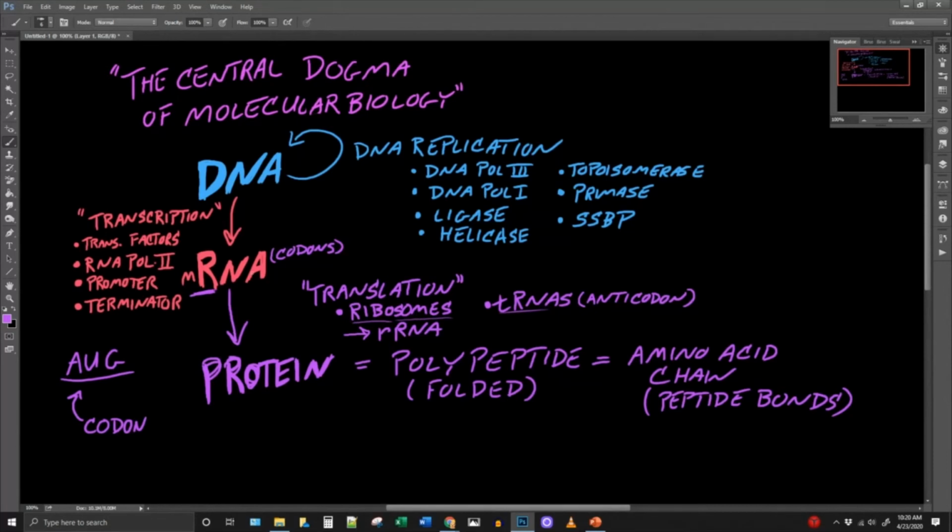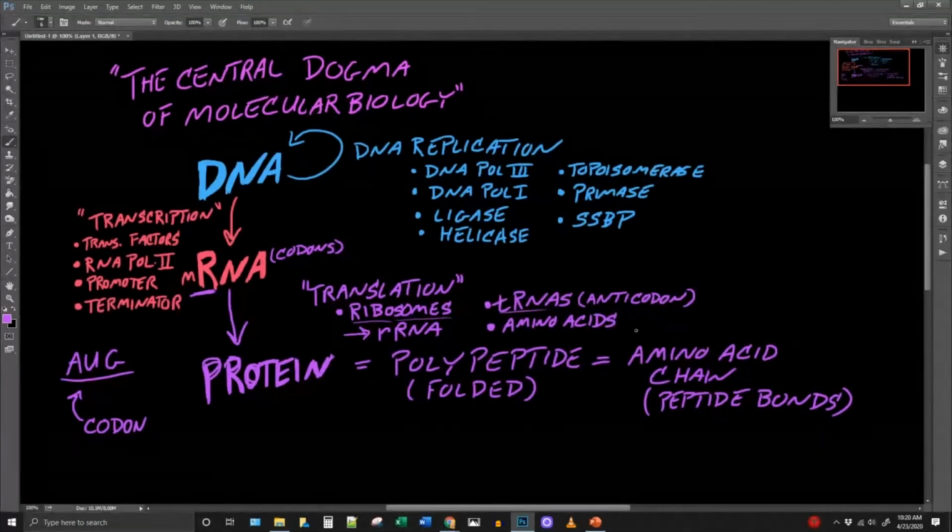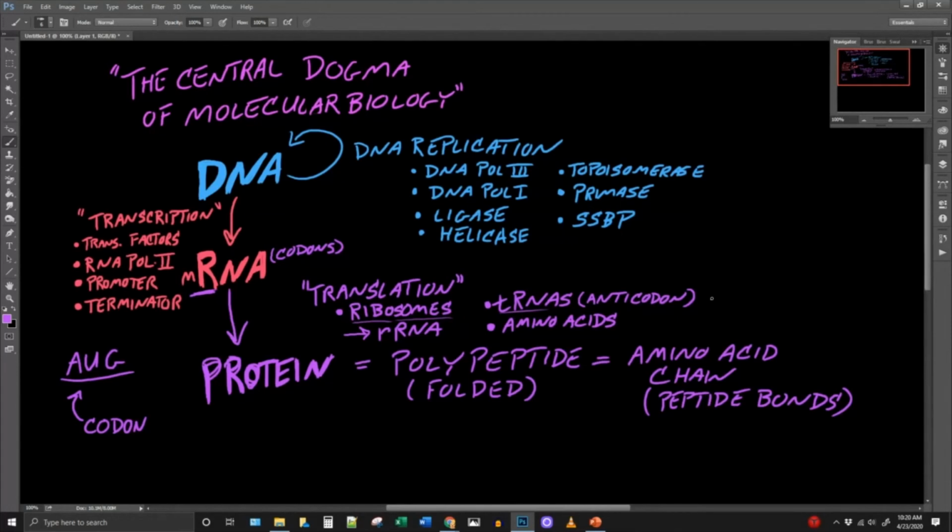So you need ribosomes, you need the mRNA, you need the tRNAs, you're going to need the amino acids, of which there are 20. And this is also the section where we have what are called stop codons.